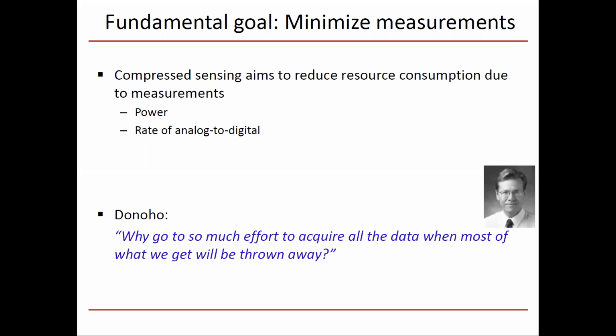But again, the main objective in compressed sensing is to utilize the underlying sparsity of a signal to reduce the number of measurements. And this motivated David Donoho to write, why go to so much effort to acquire all the data when most of what we get will be thrown away? So if we have 1 million pixels and in the end we will only have 20,000 wavelet coefficients, why take 1 million measurements? Why go to so much effort?